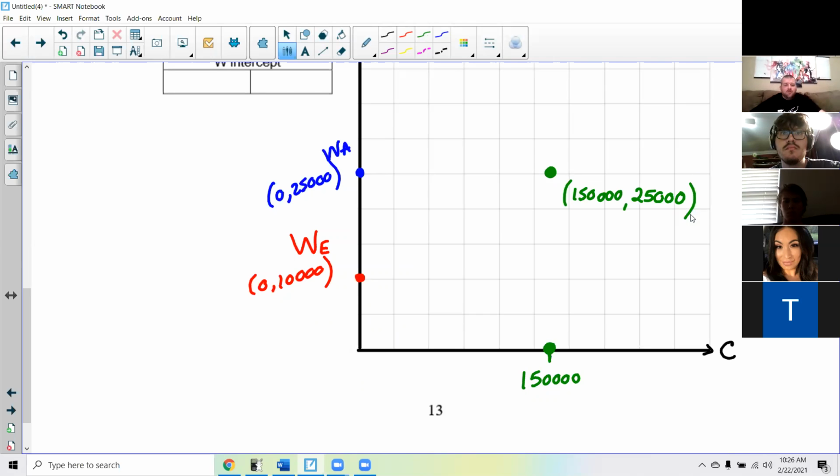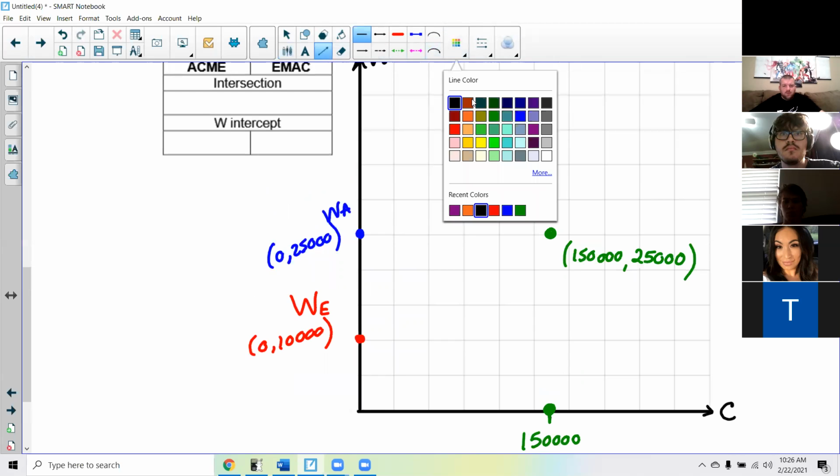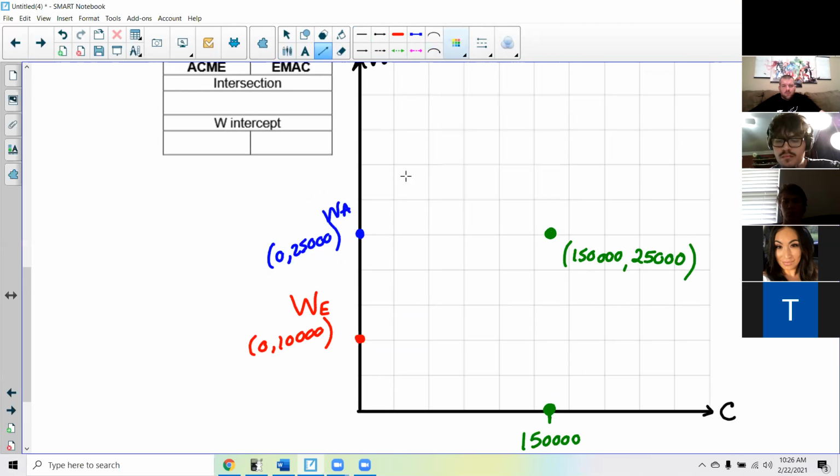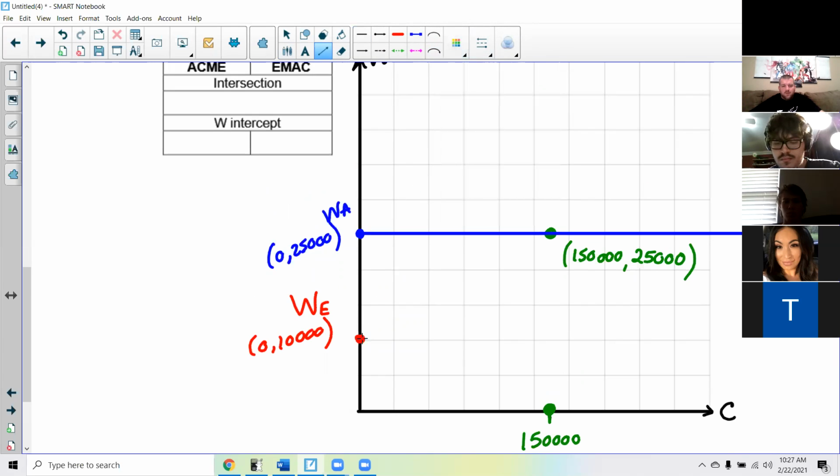And then all you're going to do is just connect the starting points with the intersection point. So this is going to go, it's a horizontal line, just like that, boom. And then we'll do this line. Starts here, intersects there. Perfect.